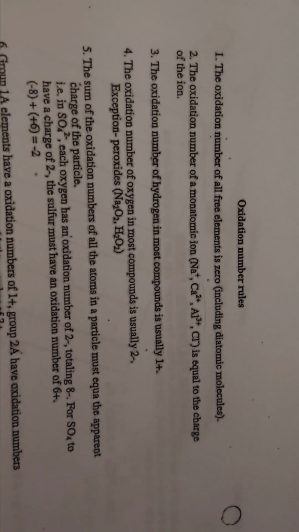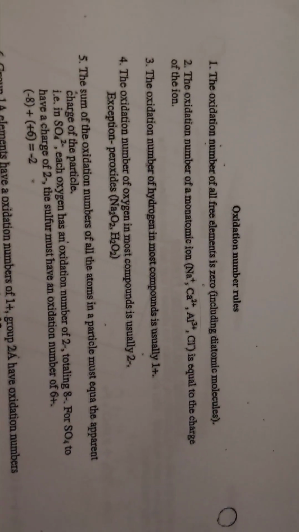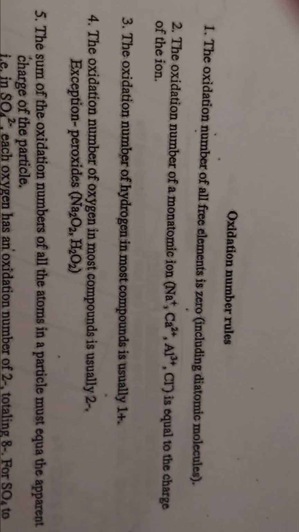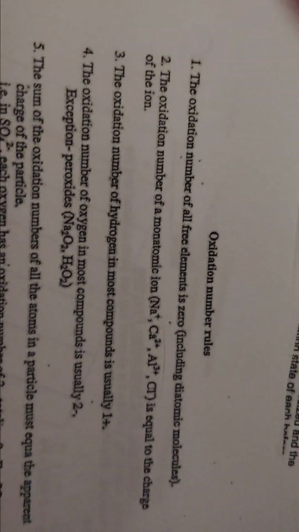The oxidation number of monatomic ions like H+, Ca2+, Al3+, or Cl- is equal to the charge of the ion. So if you see Al with Cl, you would see something like AlCl3. Let me write it at the bottom.